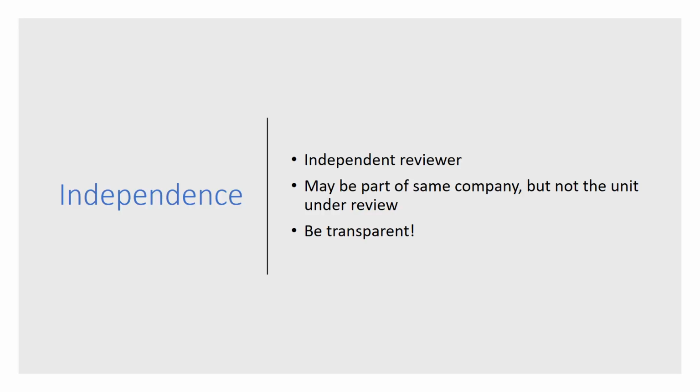Now, if the company subject to the review is large, then it can work just fine with an employee of the same company, but he or she should not be directly involved with the operation of the unit being reviewed. One should also be very careful to use suppliers who either have delivered equipment previously or may deliver equipment in the future that is in any way related to energy consumption, as their impartiality and incentives may be questioned.